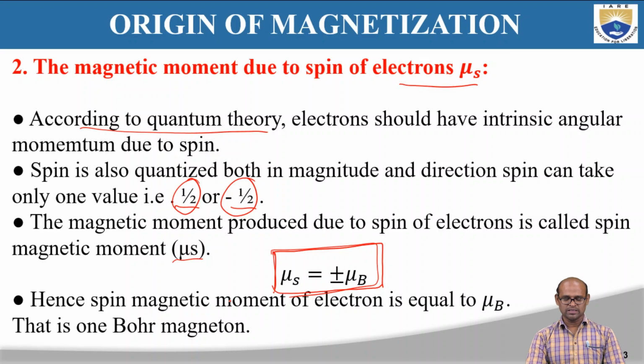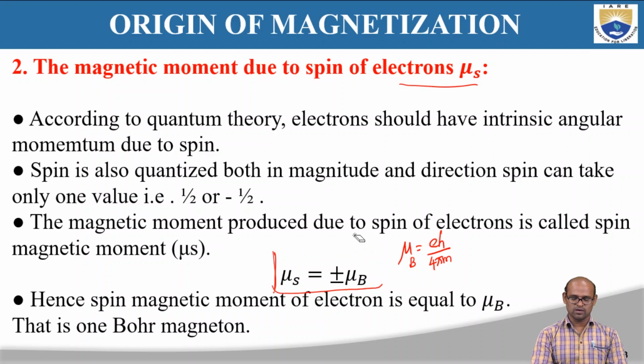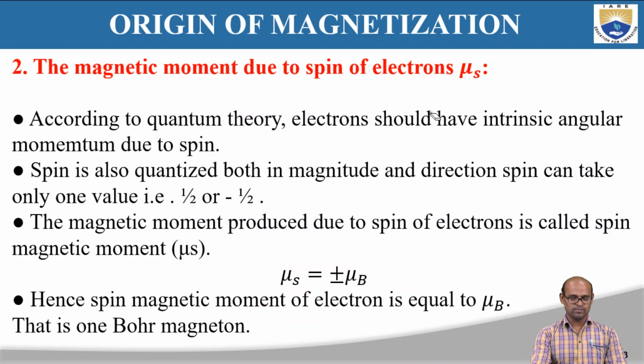So the spin magnetic moment of the electron is equal to mu B, which is 1 Bohr magneton. We know that the value of the Bohr magneton mu B is equal to eh by 4 pi m. So this is the second source of magnetization, coming from the spin of electrons, equal to plus or minus mu B. The orbital contribution is plus or minus mu B into L, from the orbital motion of electrons, whereas this one is due to the spin of electrons.